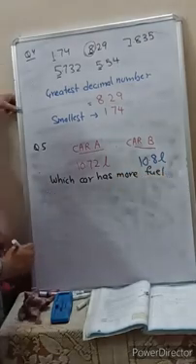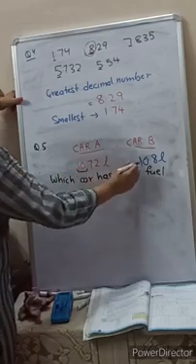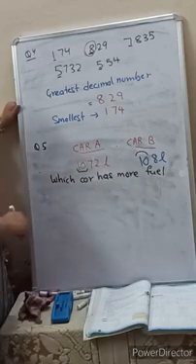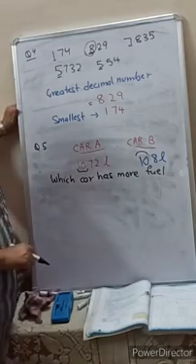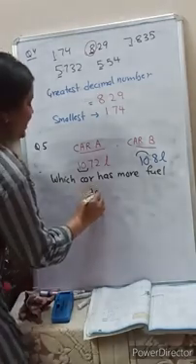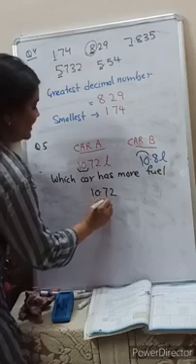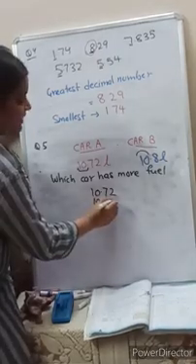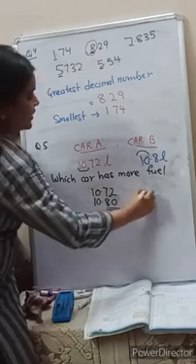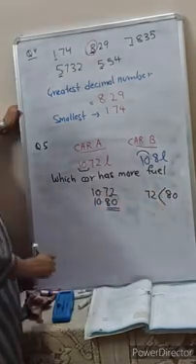Right? So first we will compare them. If I look at the whole number part, it is the same. 10 here also, here also. That means we need to make these like decimals. So this will be 10.72. This is 10.8. So we will write a 0 here. We have here 80. We have here 72. Which one is greater? 80 is greater.